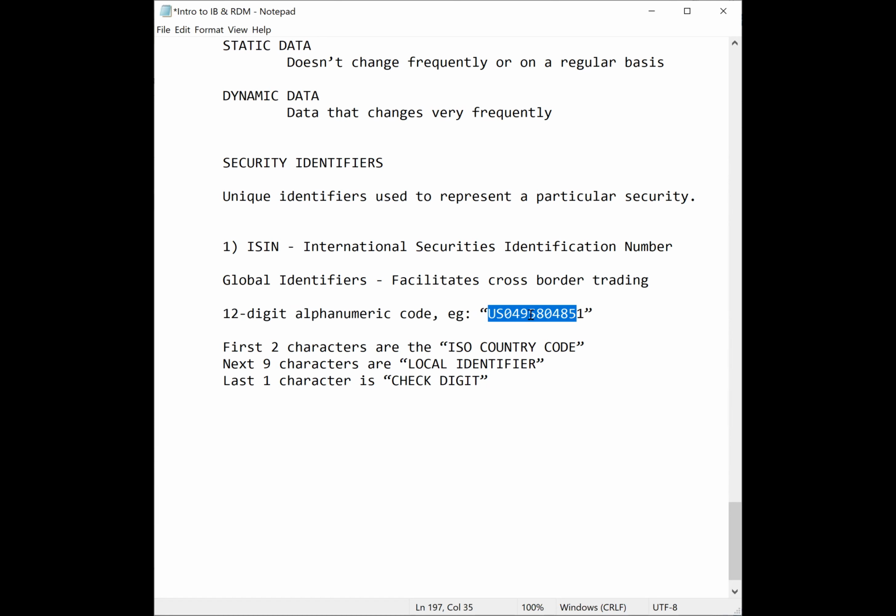You cannot change the ISIN number. If you change it, this check digit will also change, and the machine decides that. So no human can intervene with this number. This is fixed.